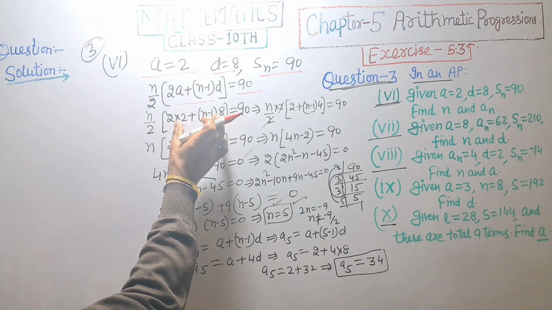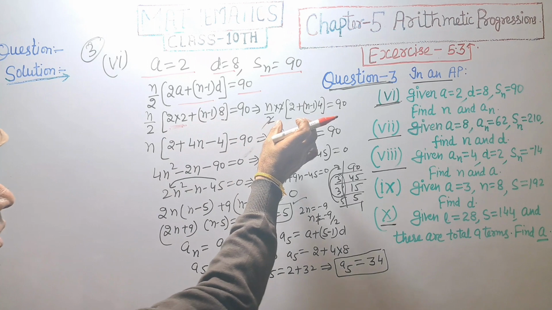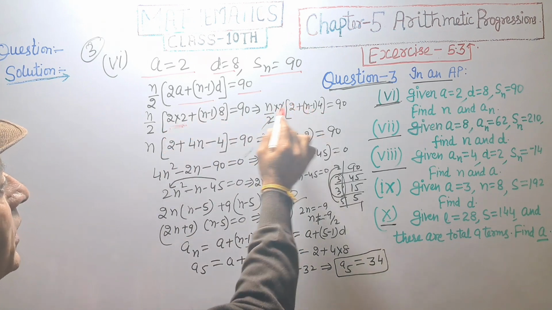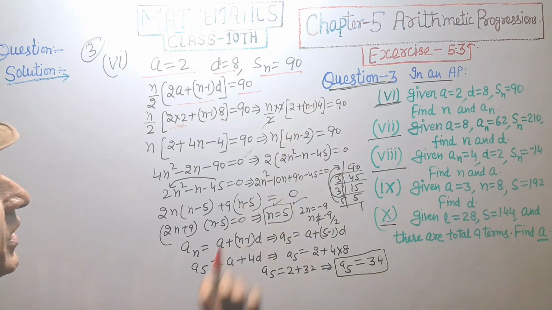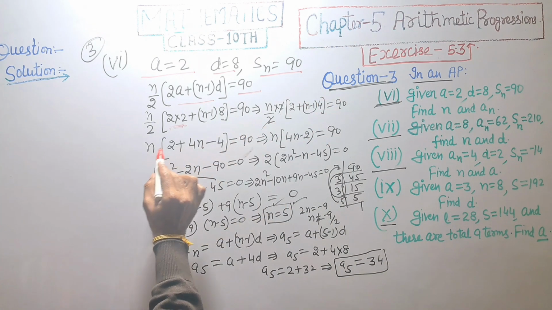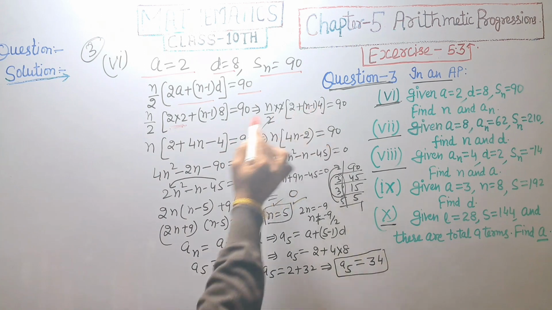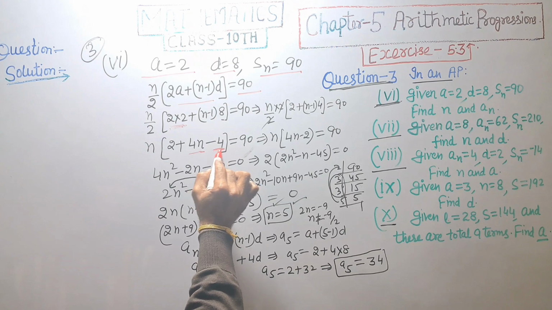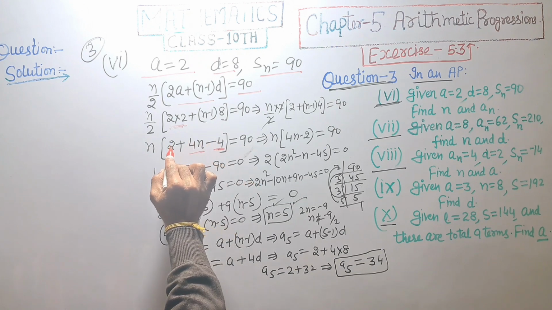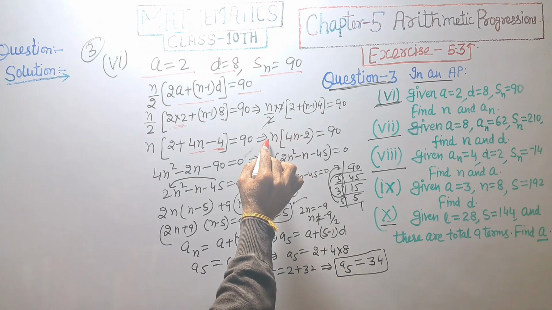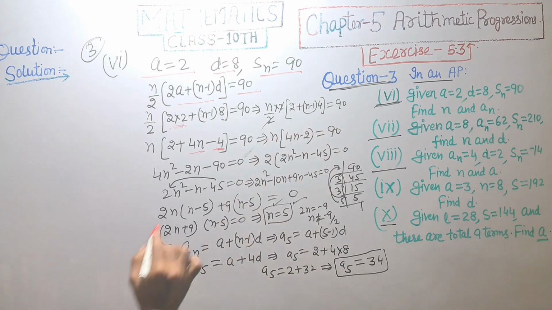We are taking 2 common in bracket, 2 is cancelled and 2 plus (n minus 1) into 4 in bracket is equal to 90. n into (2 plus 4 multiplied by n, 4n, 4 multiplied by minus 1, that is minus 4, minus 4 plus 2, that is minus 2), and (4n minus 2) into n equal to 90.